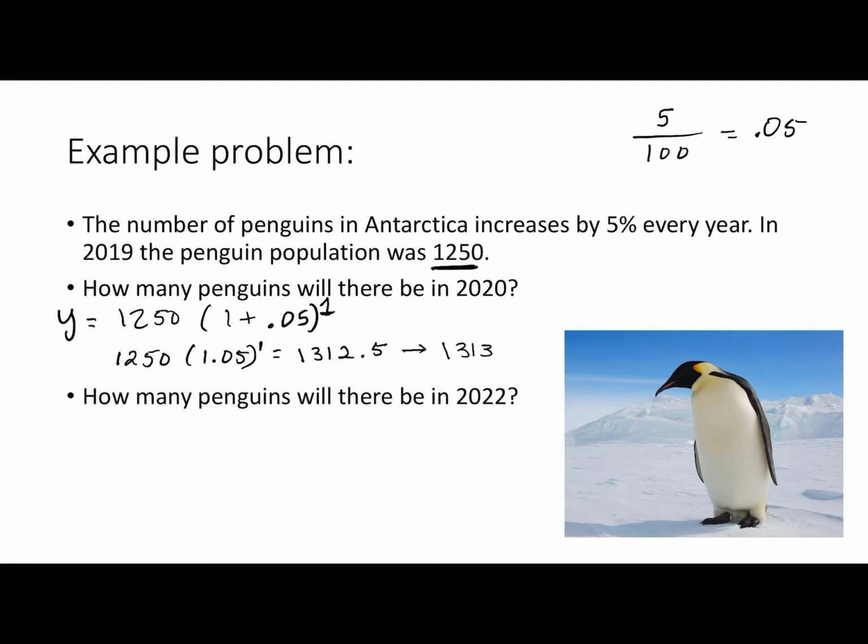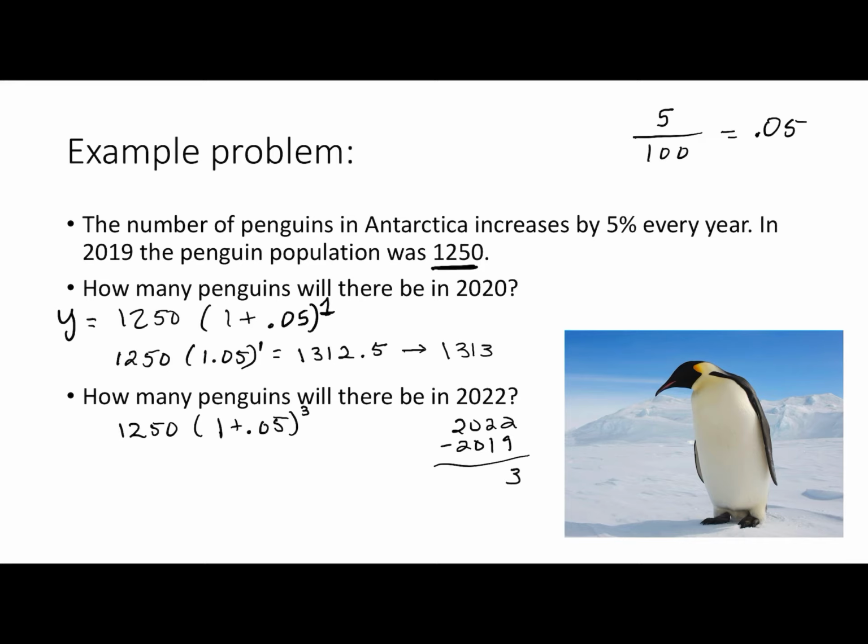Everything else stays the same. 1 plus 0.05 to the power of 3. Again, that 3 is because 2022 minus 2019 equals 3. That's the only reason I'm using 3 now.